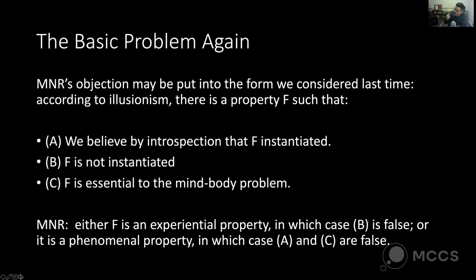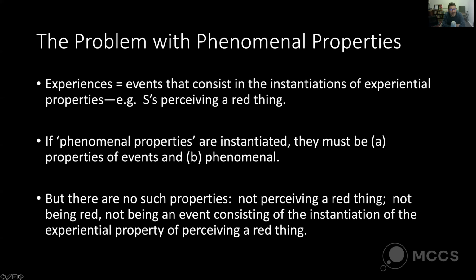So it's not crazy to think that the property of being red is somehow involved in the event of somebody's perceiving a red thing. And you could even say that that's phenomenal as well. There is a kind of use according to which that might be a phenomenal property. But once again, that's not the property of the event. The event itself doesn't have the property of being red. That would mean that the event is red, which is a complete confusion.